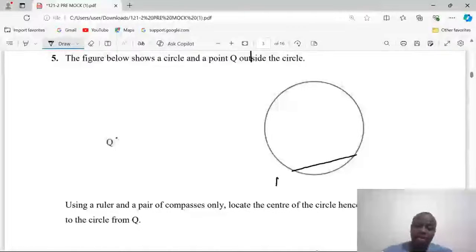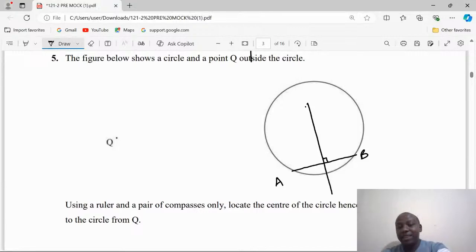Assuming this is a chord AB, the perpendicular bisector of AB will pass through the center. So let me draw a perpendicular bisector. Perpendicular bisector of that chord passes through the center. But now that this chord is alone, we cannot use it to identify the center. So let me come up with another chord, for instance, CD, and we also bisect it.